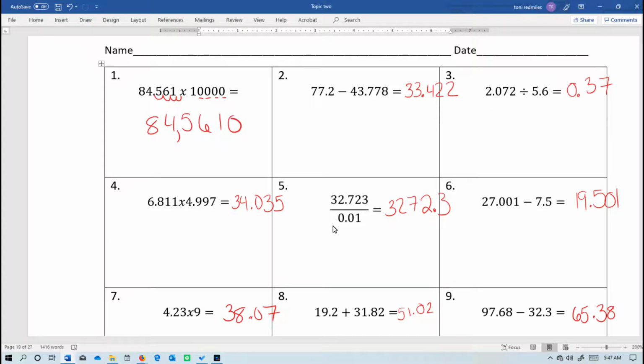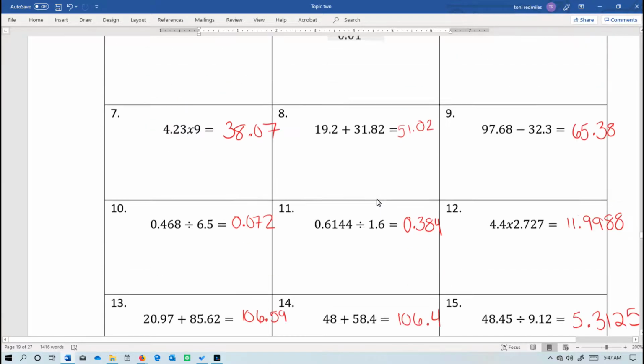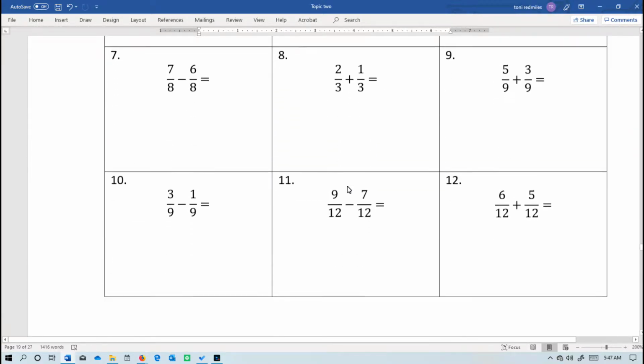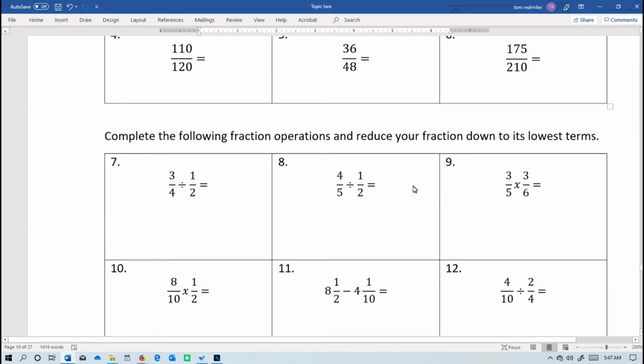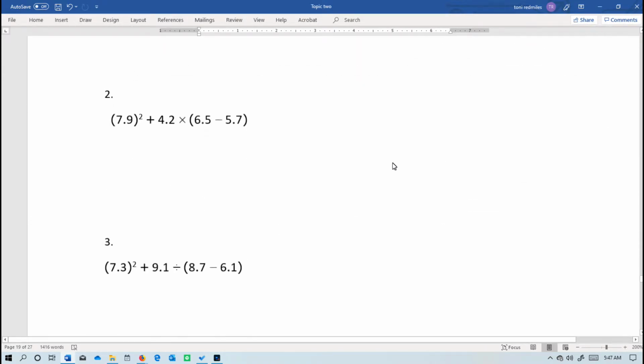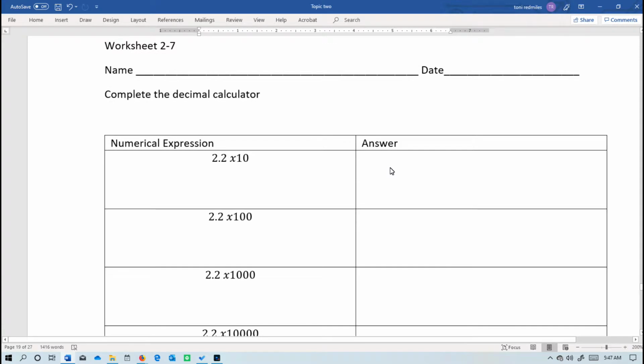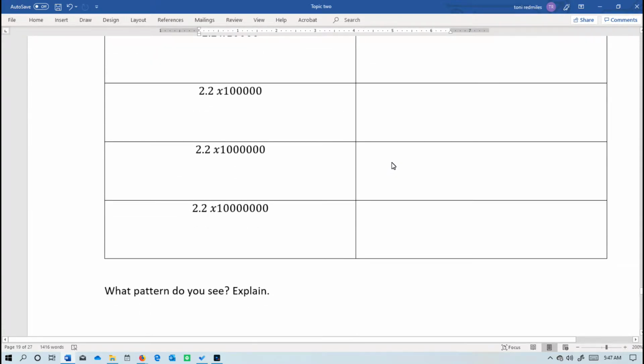Remember we spent a long time making our factors of 10 calculators, okay? And that was actually a worksheet in here. It's at the end because a lot of times I do it in class. See? The decimal worksheet.